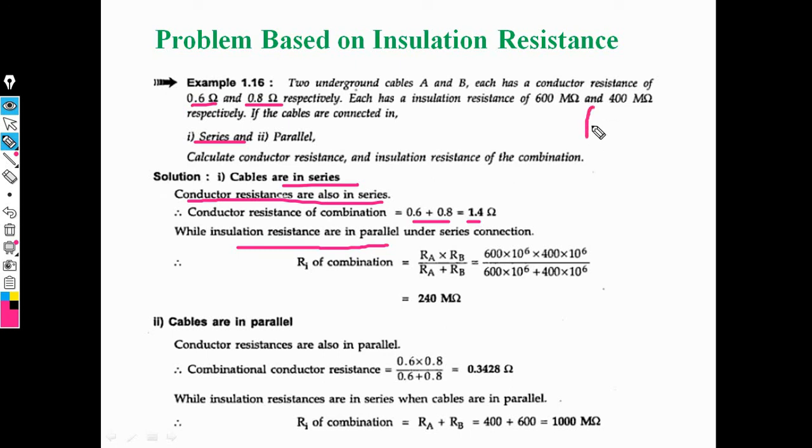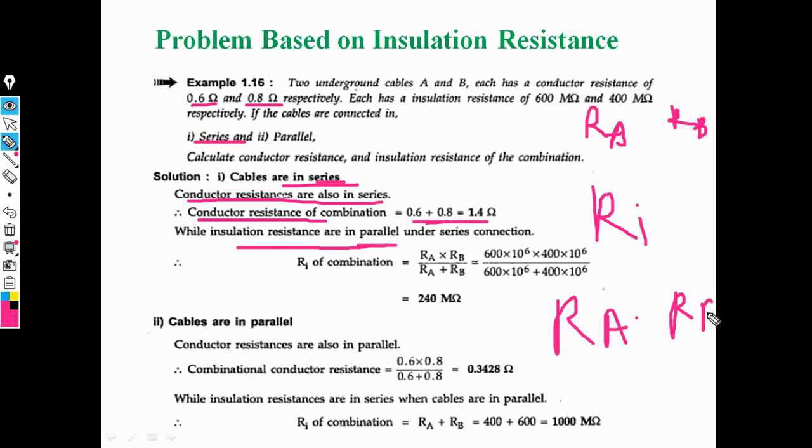So we calculate the insulation resistance in parallel: RA times RB upon RA plus RB.